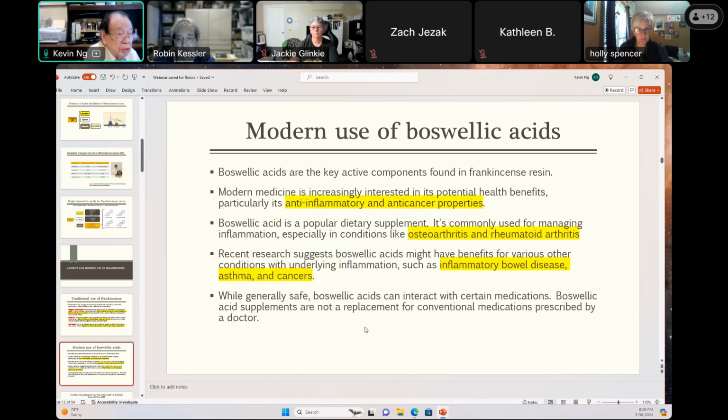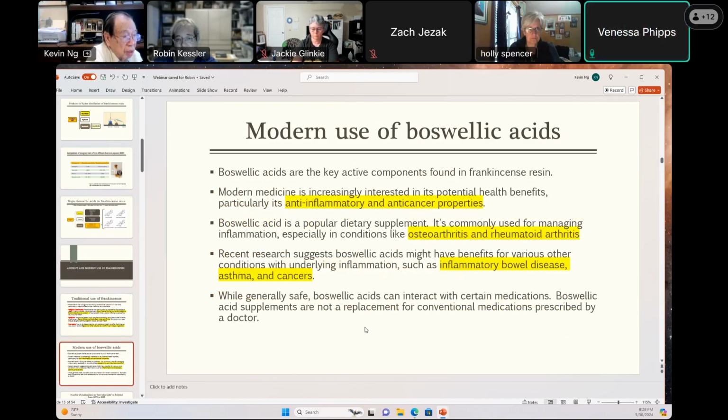Now, what about modern use? People use it strictly to prevent pain, to prevent or to lessen the inflammation. So this is an important message for tonight. Boswellic acids are anti-inflammatory compound. They act exactly like aspirin or like ibuprofen, but they act differently from Tylenol.